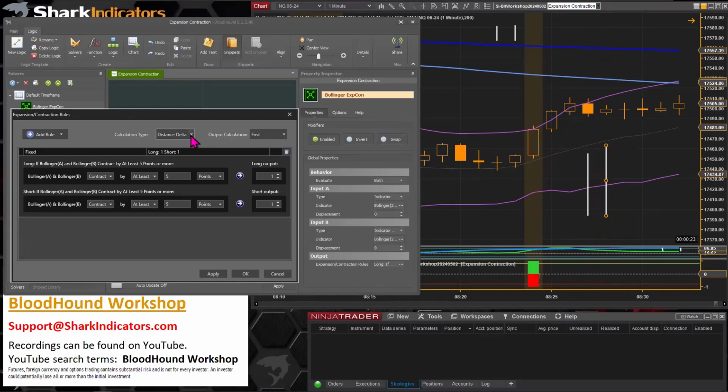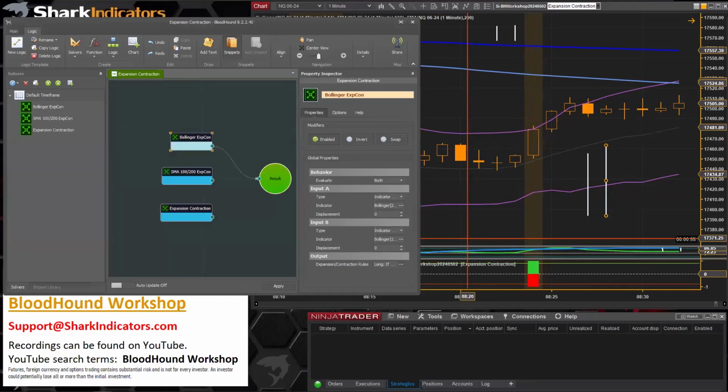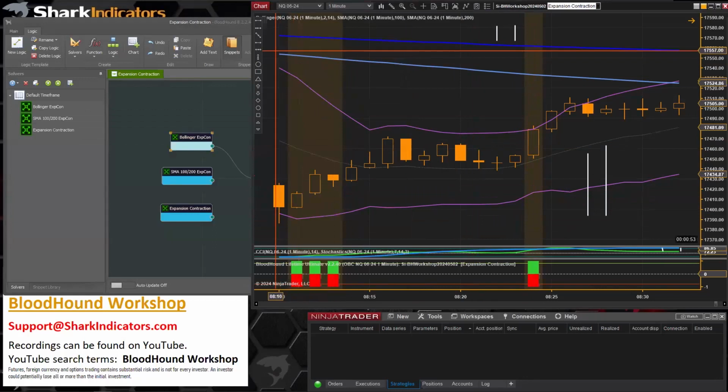Now slope delta is actually calculating the slope of the two lines and then comparing those slopes to each other. So that's a much more complex formula, and the Bollinger will actually provide some good examples of the different formulas.